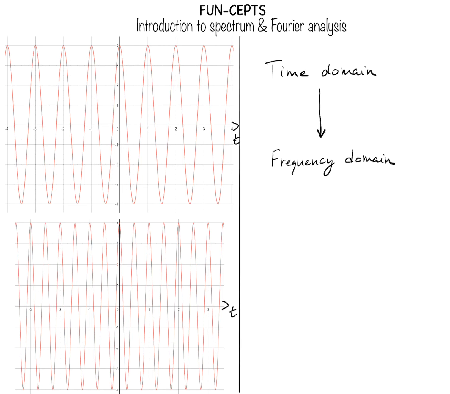The transformation or the mathematical procedure that is performed to convert from time domain to frequency domain is the Fourier transform. So that's the transformation that is used to go from time domain to frequency domain.